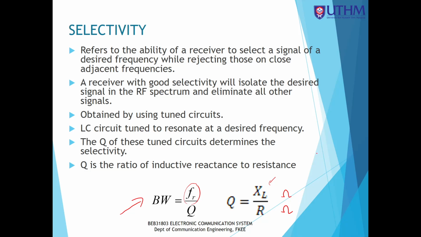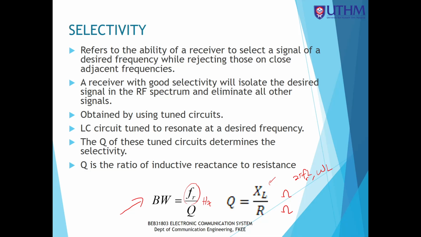This XL is not a shirt size. XL here is 2 pi f, 2 pi f resonance, or you can say omega L, where omega is 2 pi f. So Q has no unit, and bandwidth is in terms of hertz.